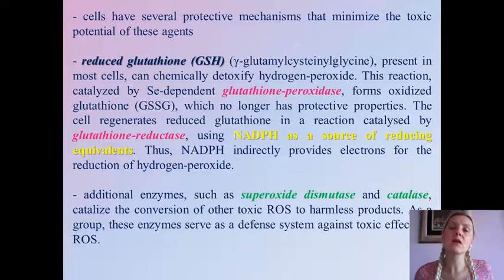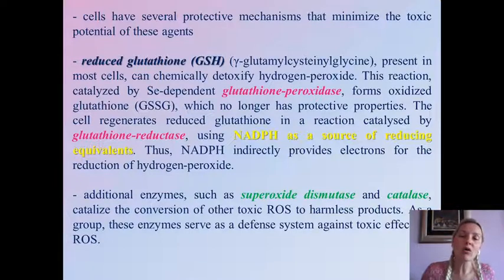Of course, it's not the only pathway of getting rid of those ROS. Some other enzymes like superoxide dismutase or catalase are also enzymes catalyzing the conversion of other ROS, like superoxide anion radical or, again for catalase, hydrogen peroxide, to harmless products.